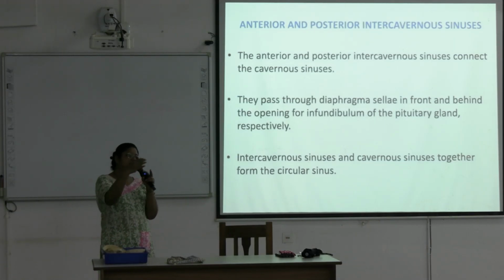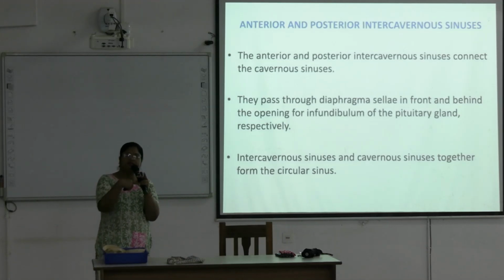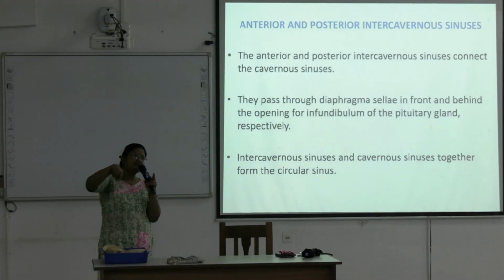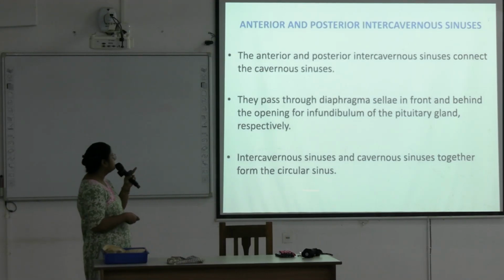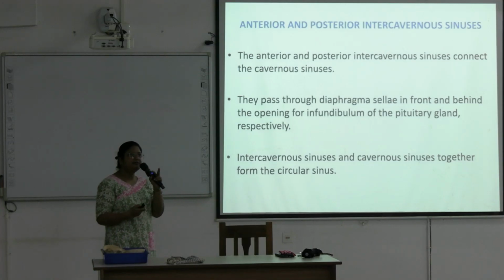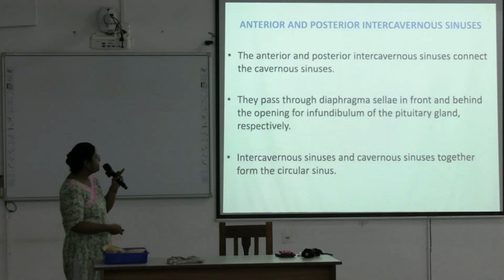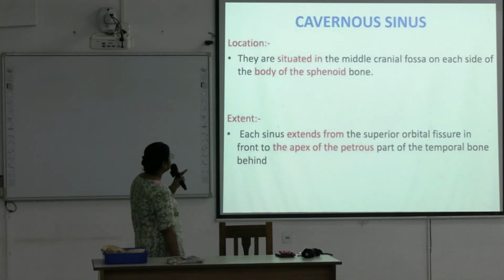So the anterior intercavernous sinus passes in front of the infundibular stalk. The posterior one passes posterior to the infundibular stalk, and on the two sides the two cavernous sinuses are present. So together they form a circle. That is known as the circular sinus. Sometimes it is asked in your viva and can come in your MCQs: what is the circular sinus, or like this.